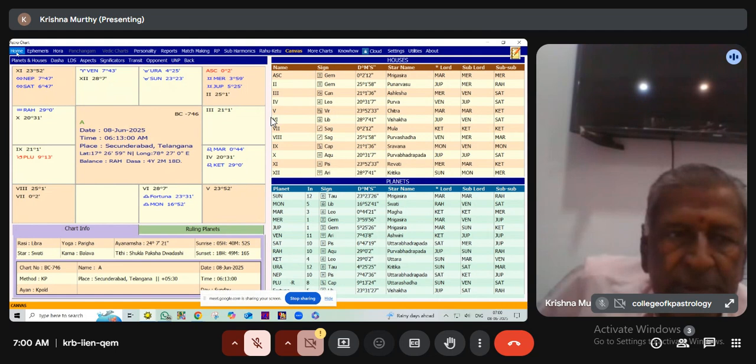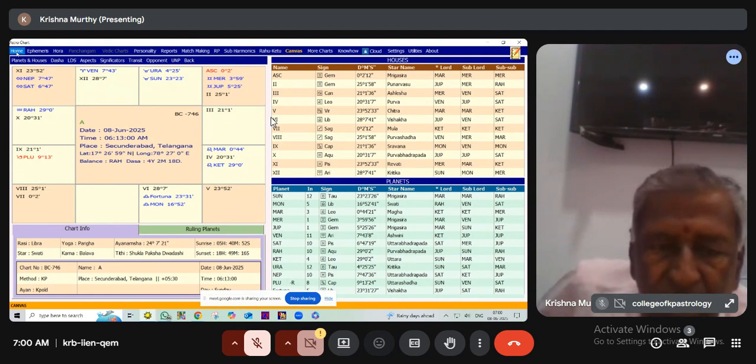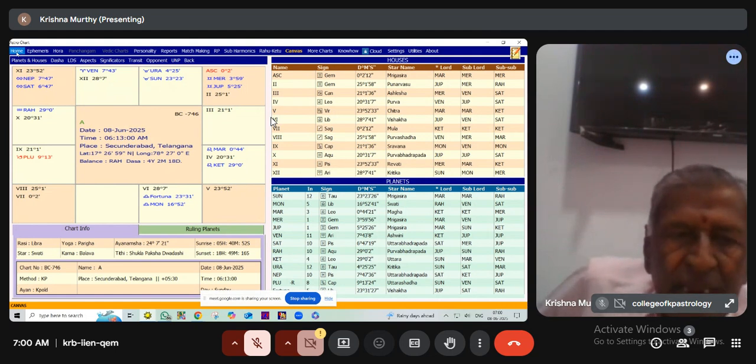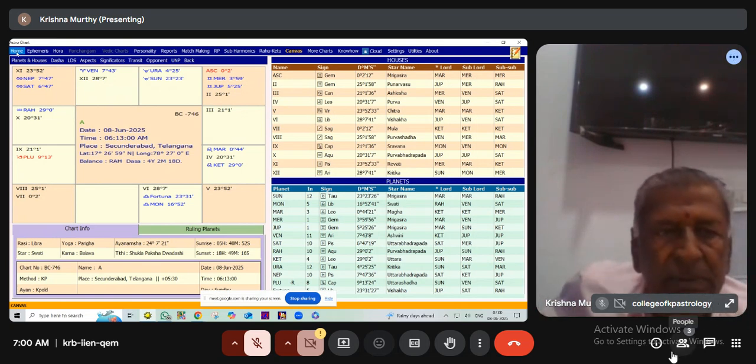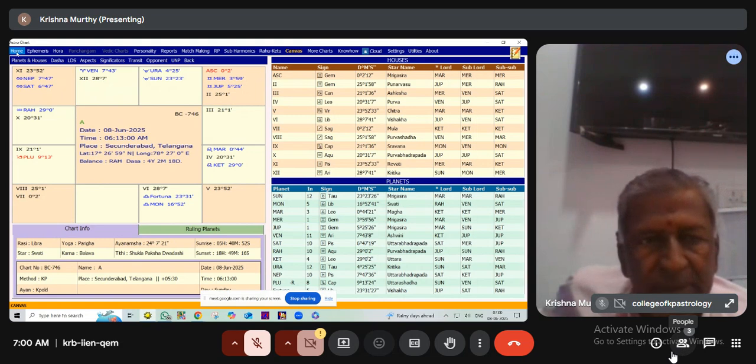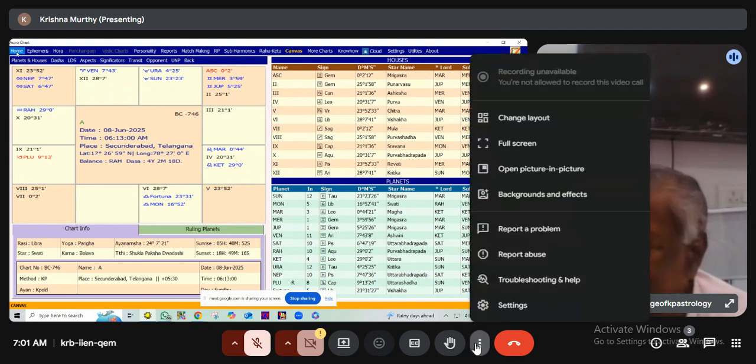Nearly all houses, except the first house and the seventh house, have shifted their position backwards and given two houses each for Gemini and Sagittarius. Here, Scorpio and also Taurus now become vacant.